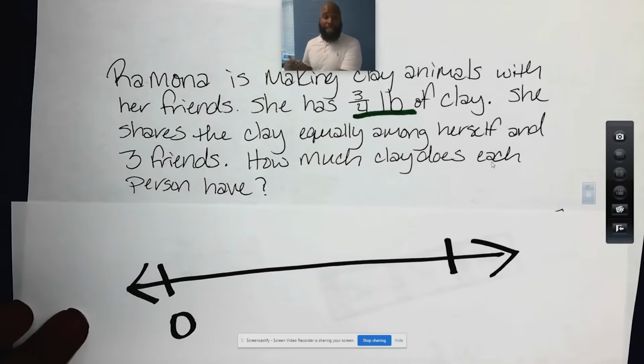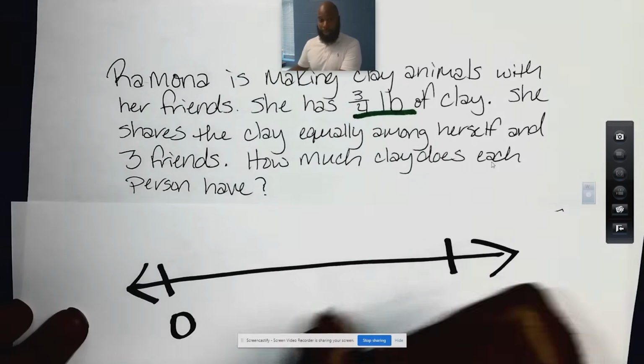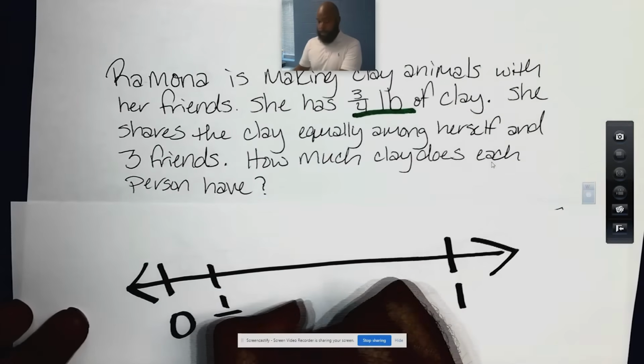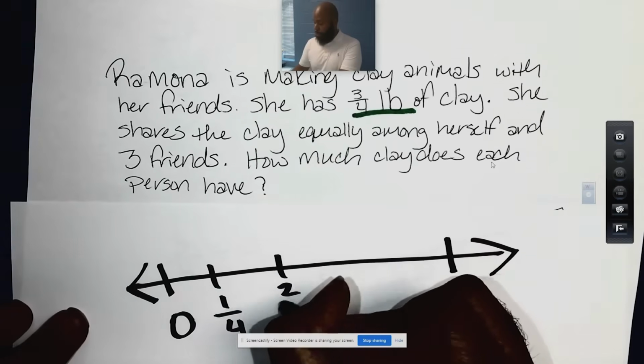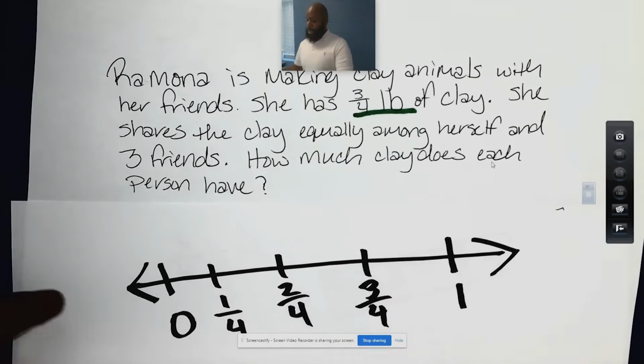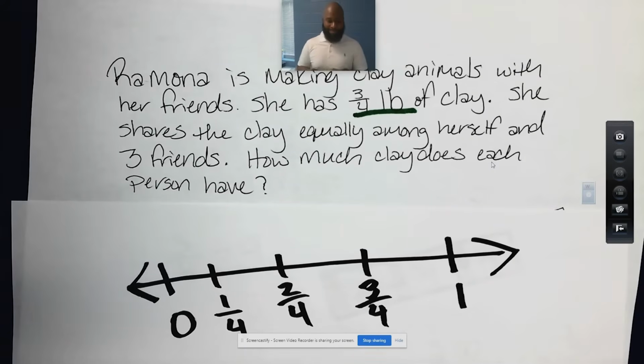We're going to divide this into fourths. So the number line should be divided into fractional parts of fourths. If this is 0 and this is 1, I'm going to divide this into a fourth, 2 fourths, 3 fourths, and then I have my 1.